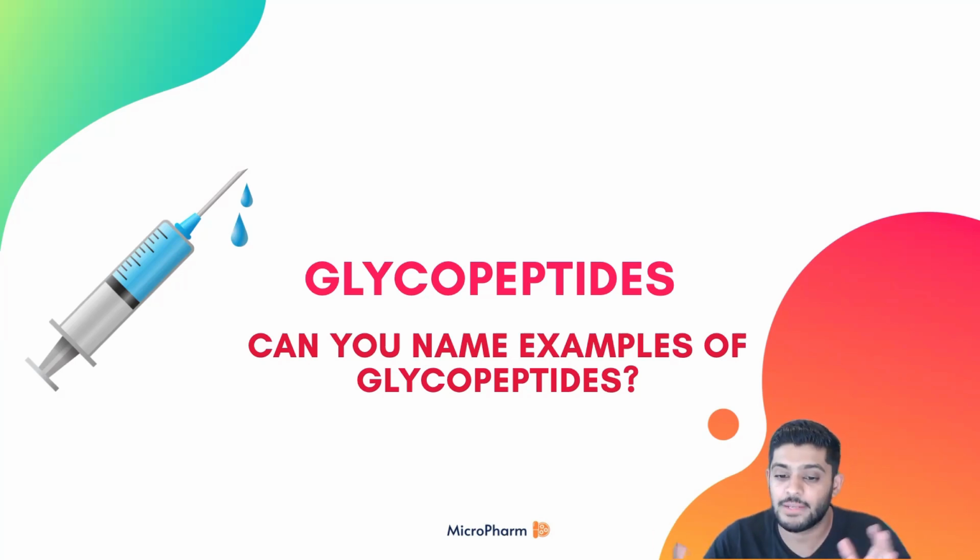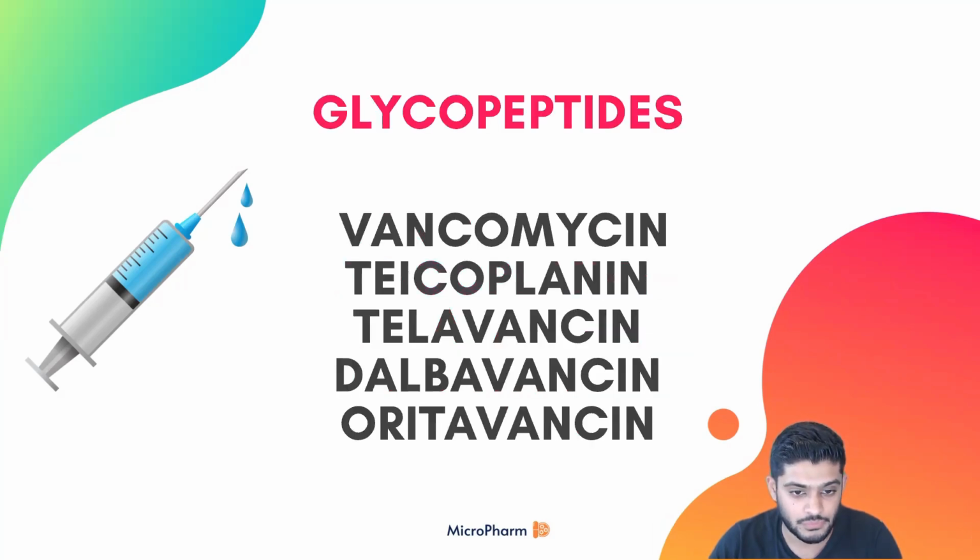The usefulness of dalbavancin is that it has a really long half-life of approximately 7 days. Another relatively new glycopeptide on the market is oritavancin as well, which also has a very long half-life, like dalbavancin. The most commonly prescribed in the UK is, of course, vancomycin.